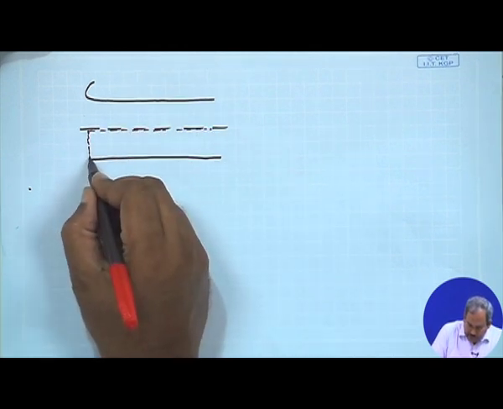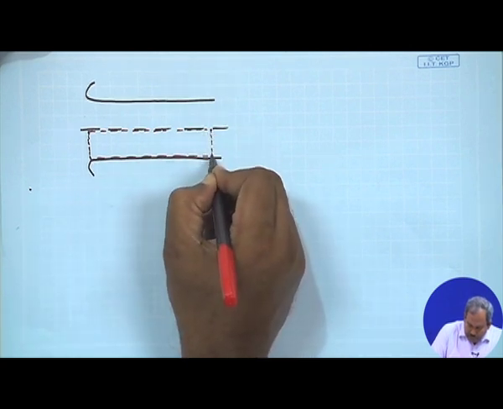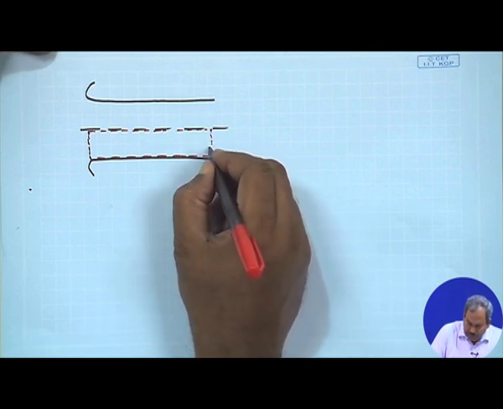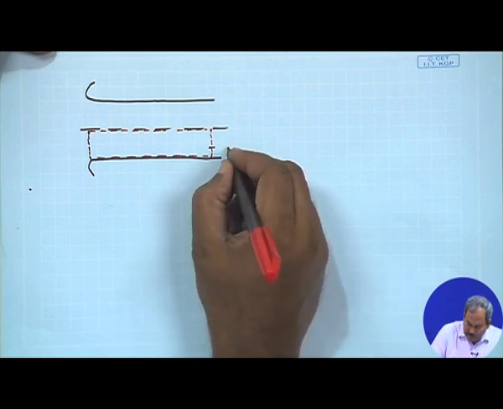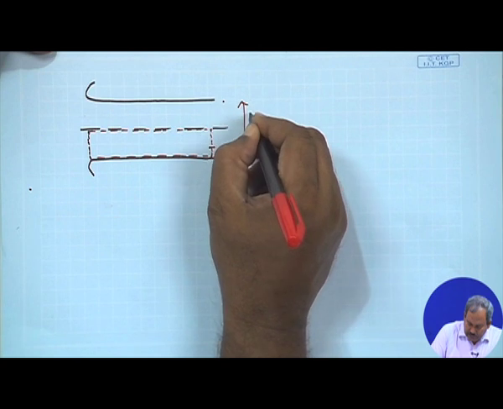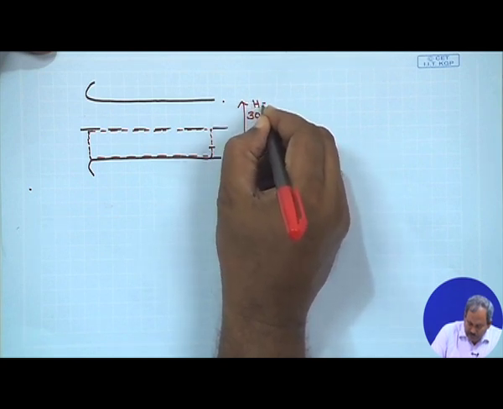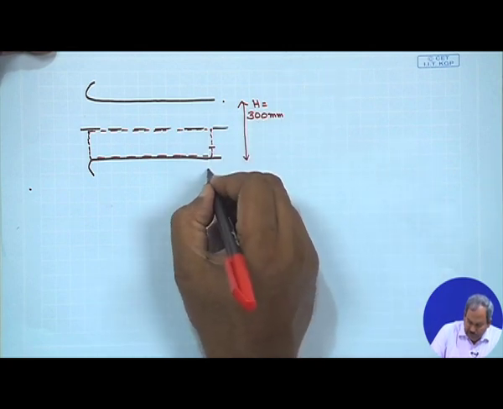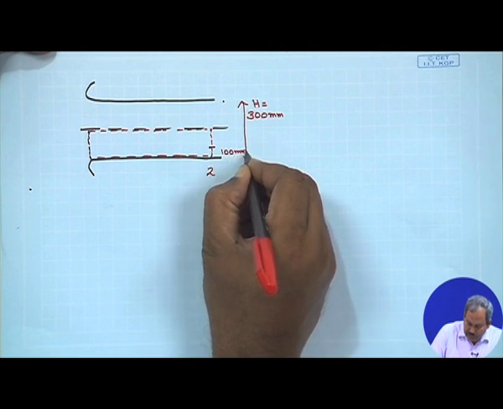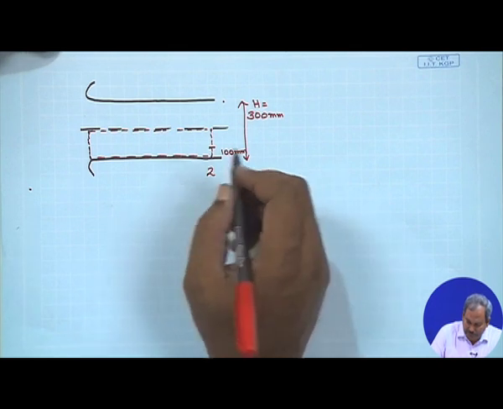And when we come to location 2, this is what it looks like. So, over here, this entire thing is 300 millimeter, H is equal to 300 millimeter, and at location 2, 100 millimeter is the thickness of the boundary layer.